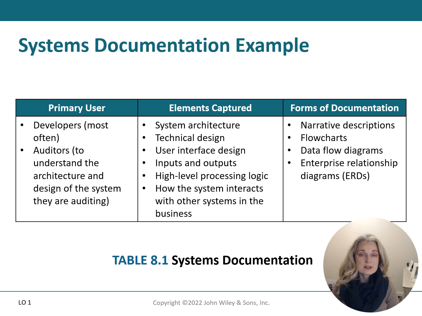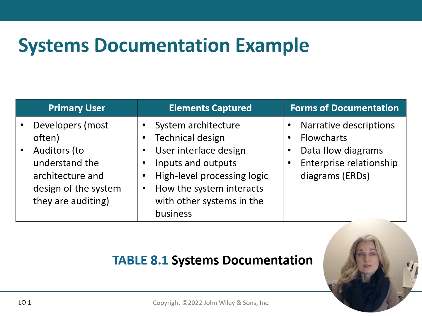The elements that are captured in this documentation include the system architecture, the technical design, the user interface design, so how the user interacts with the system, the various inputs and outputs to the system, the high-level processing logic, and how the system interacts with other systems in the business.